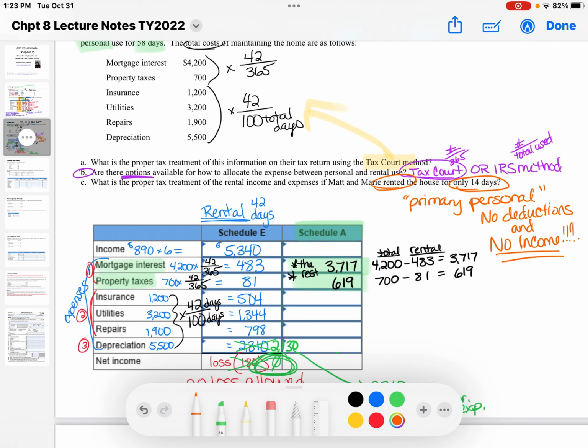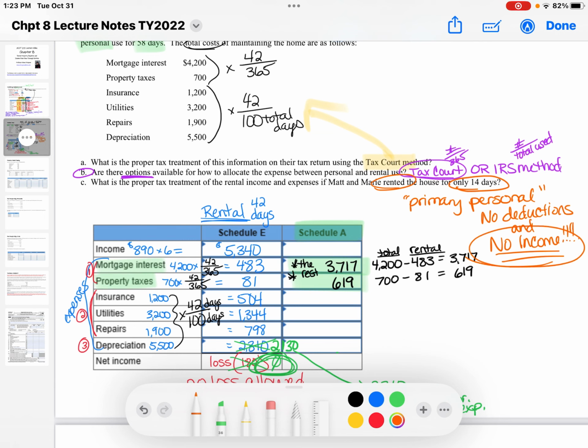So here's the deal. Back in the 80s, I meant to look up the date on this and I forgot before I started recording. Back in the 80s, there was an Olympics in California. And obviously this is United States income tax rules. So basically people were renting their own personal houses for 14 days or less for a ton of money.